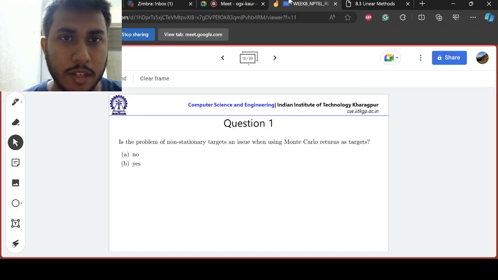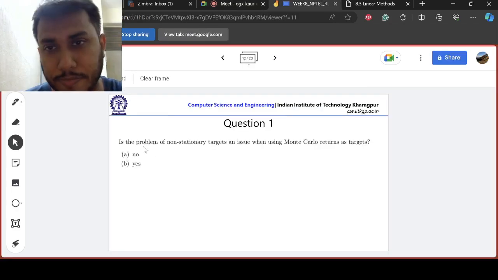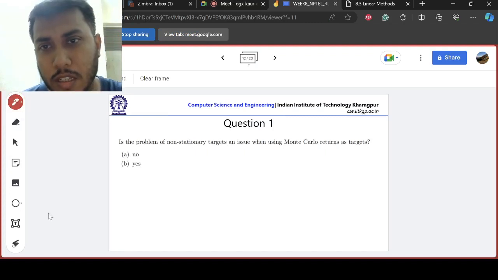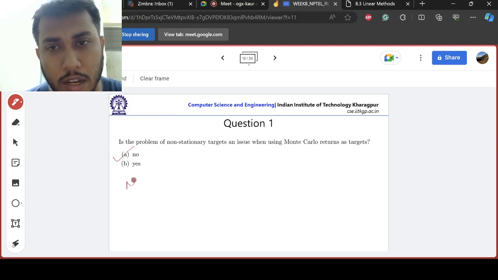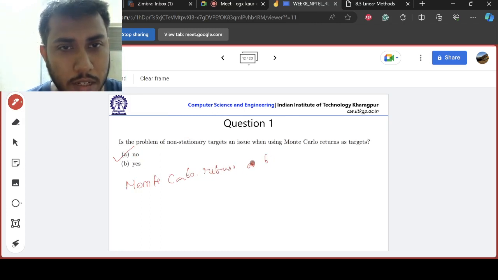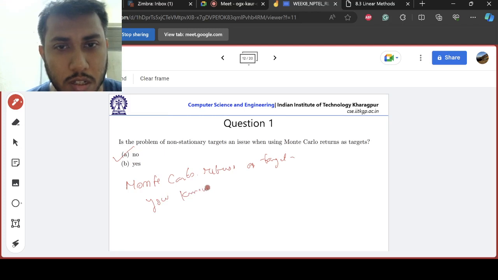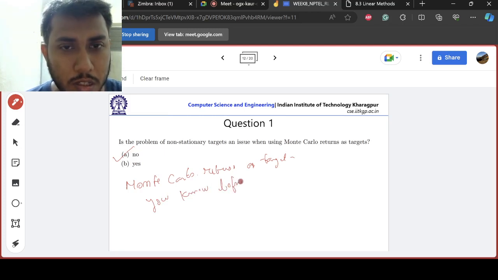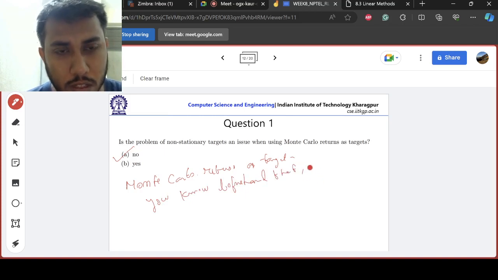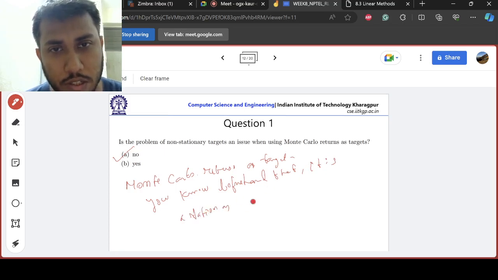So the answer is no. Because when you are using Monte Carlo returns as target, you know beforehand that it is a stationary target.